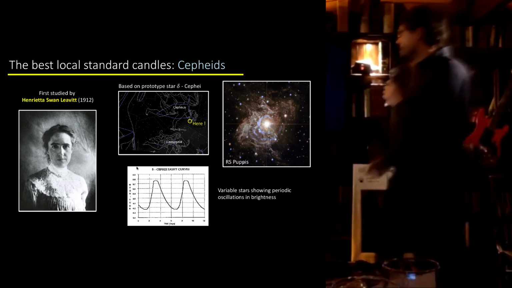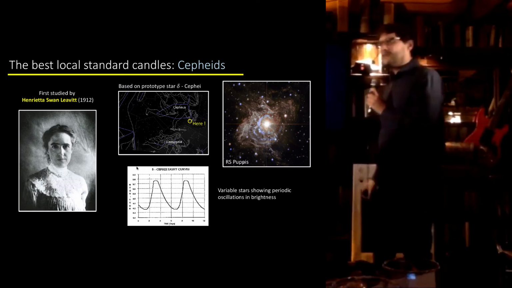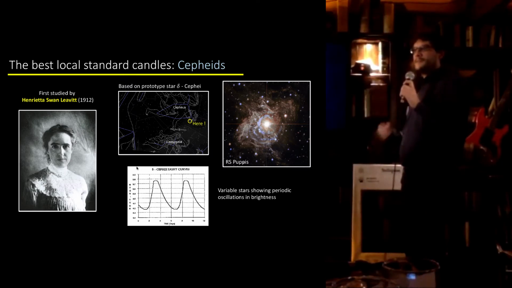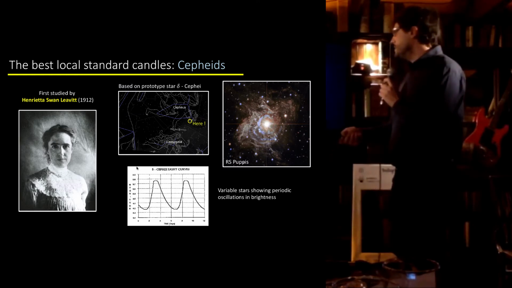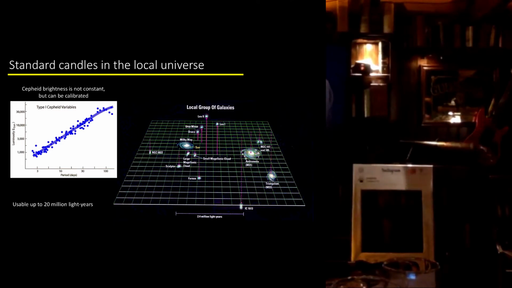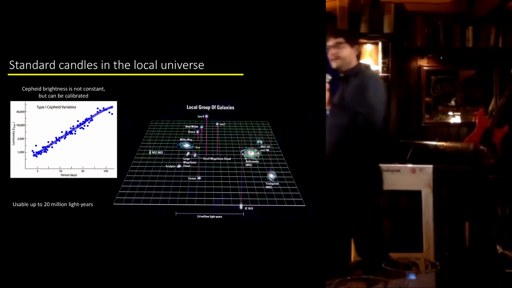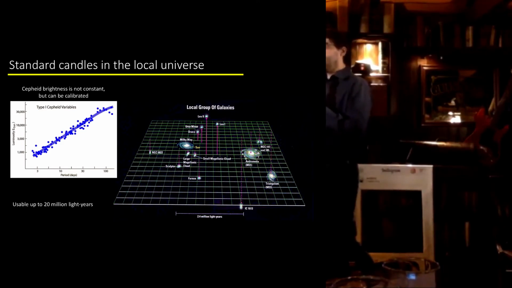So of course, this shows there's a fluctuation in brightness. That's not in itself something that makes it a standard candle. What makes it a standard candle is that she showed with a first small sample that there's a correlation between the luminosity, the intrinsic brightness of those sources, and the period of the oscillation, how frequently the pattern repeats.